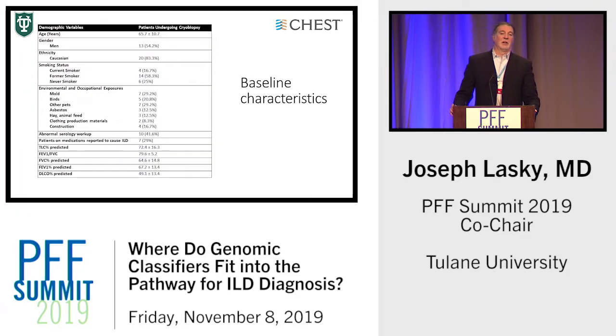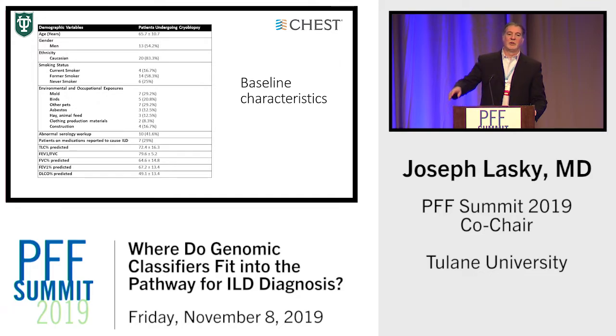Now I'm showing these baseline characteristics just to show that they're very, very typical, but also because we have somewhat of a referral bias and pattern. I never get to see somebody who's just coming in with a CAT scan with a definite UIP pattern and nothing else going on. They always seem to have had a dysrhythmia, so they're on sotalol or flecainide, and they've got a budgie named Bingo, and show me a house without mold in New Orleans, and I'll tell you it's not in New Orleans.